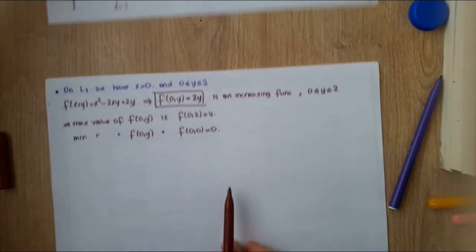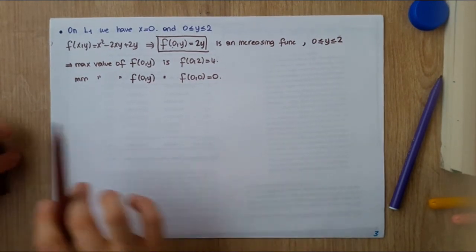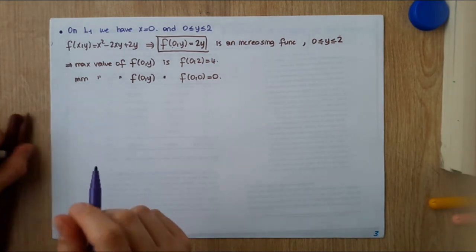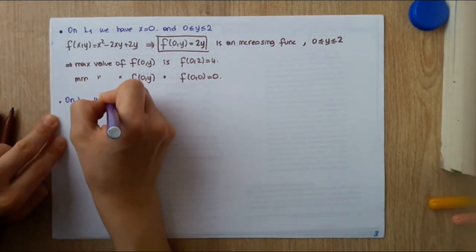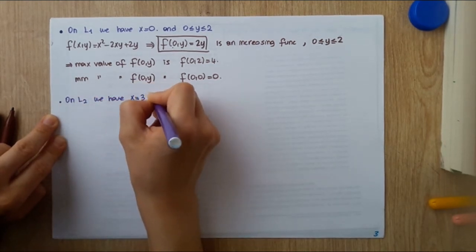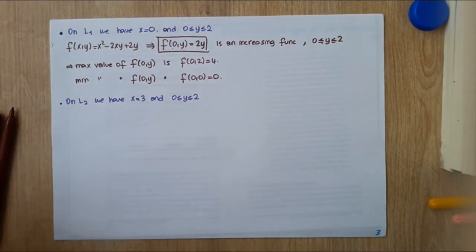So using the same idea, I will analyze the other boundaries also. Now on L2 we have x is 3 and again y is changing between 0 and 2.